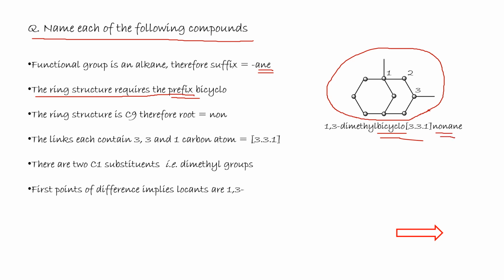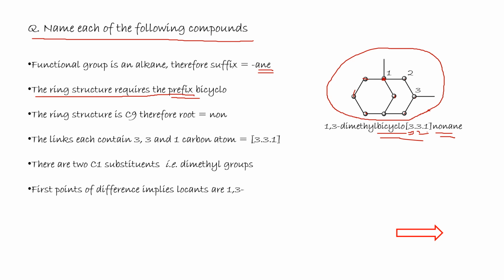On the right side, we have 1, 2, 3, so it's 3. How many carbons on the left? 1, 2, 3. So it's 3.3. And here we have 1. So 3.3.1 nonane. As we mentioned before, the rule is to count number 1 from the bridgehead carbon.